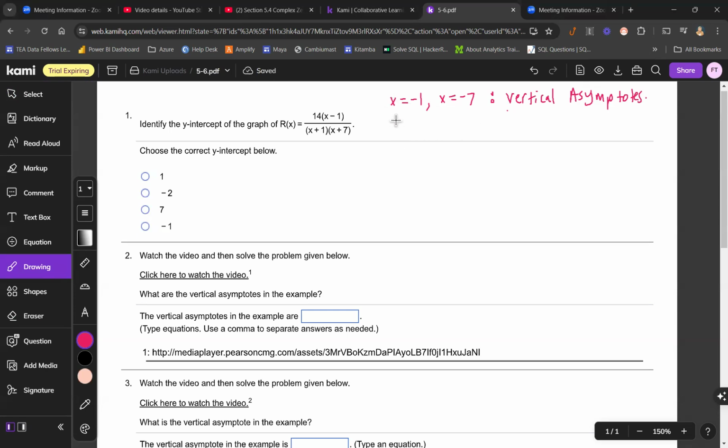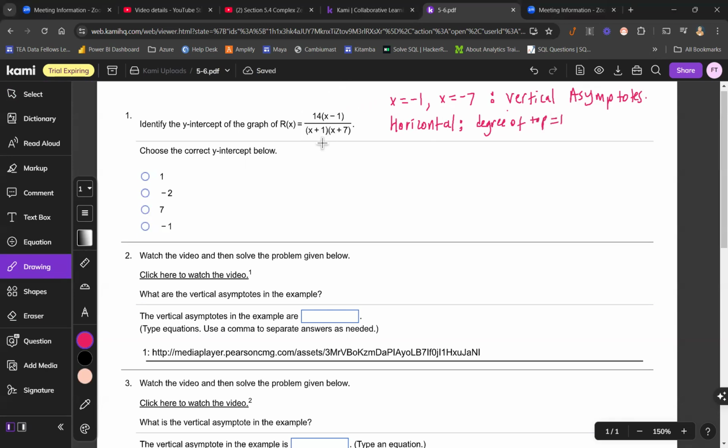Now, for the horizontal asymptote, we have to check the degree of the numerator and the degree of the denominator. If we distribute the 14 over this parentheses, we will just get a 14x at the top. So the degree of the top is just 1, because we only have x to the first power.